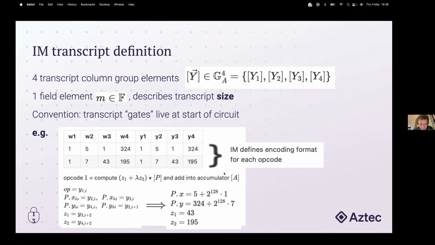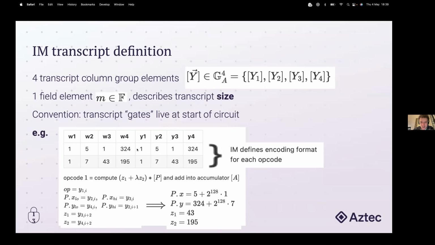So here, this is a weird worked example that I'm struggling to understand. The idea, just as an example of what one could do, is that the first column here is the opcode value, and then the second and third columns define your x coordinate. The fourth and y2 describe your y coordinates, and y3 and y4 describe z1 and z2.